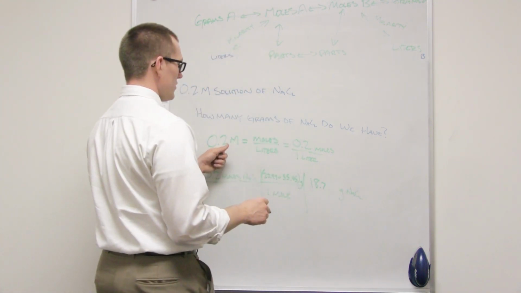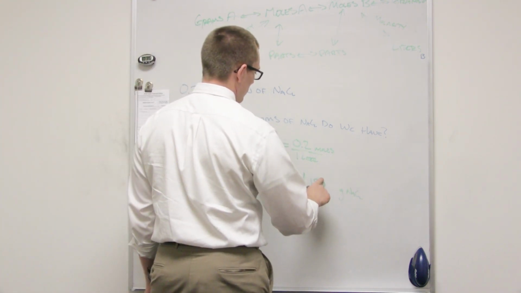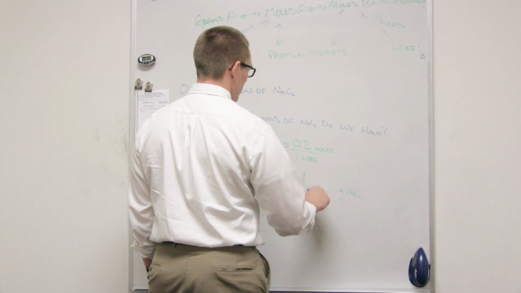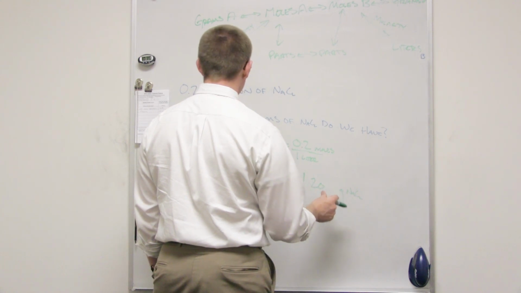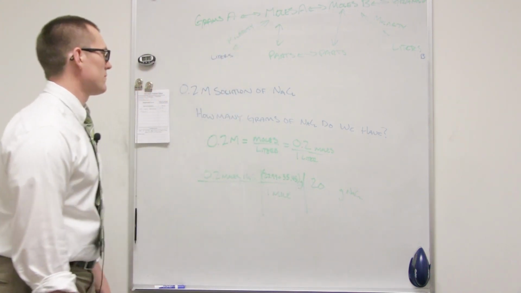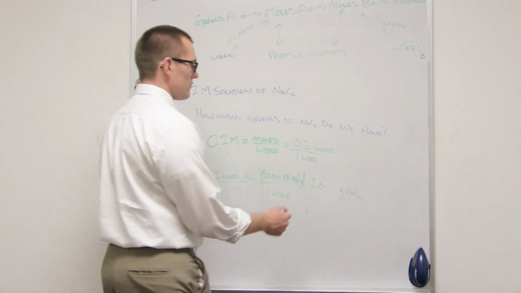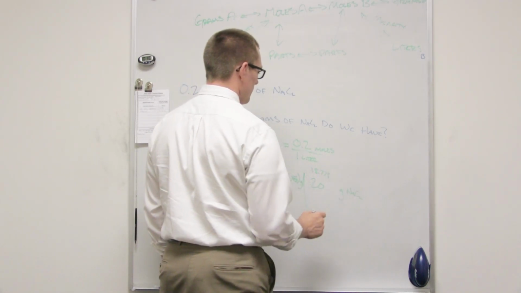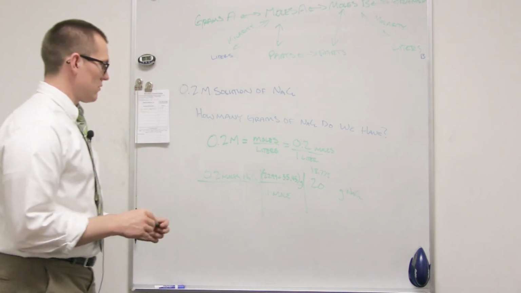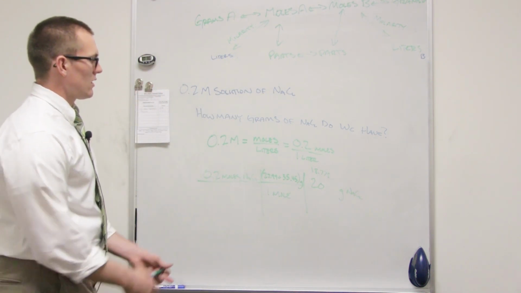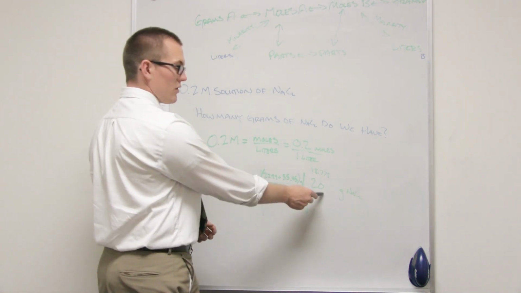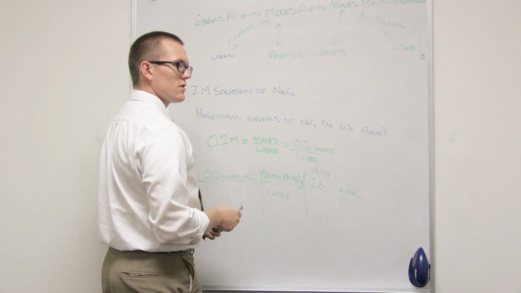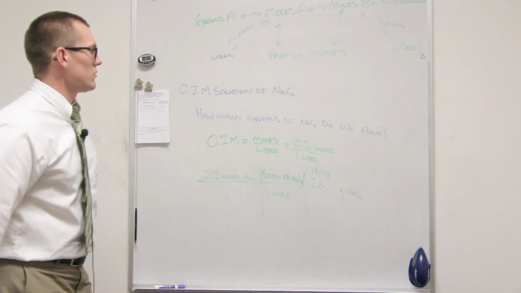We're only given 0.2, so we round this answer to just 20 grams. But the exact answer is 18.778, you said? Yeah. And the reason we did 20 is because we were just given 0.2 moles. Does that make sense? That makes sense. So just going back to the sig fig rules.